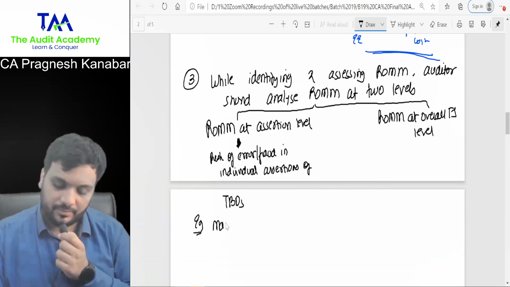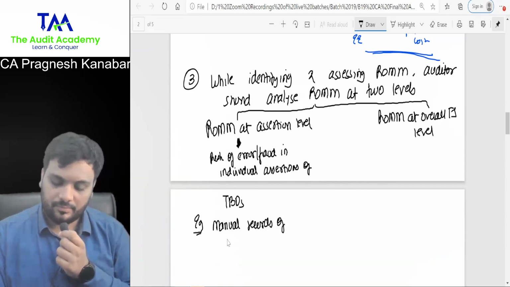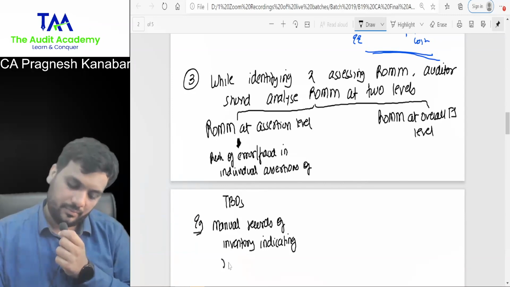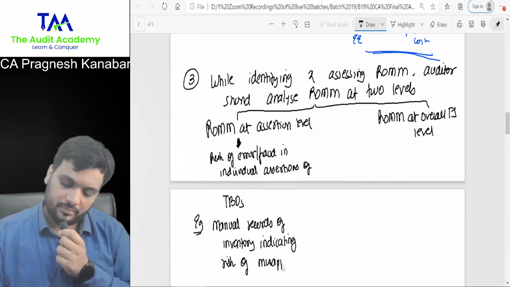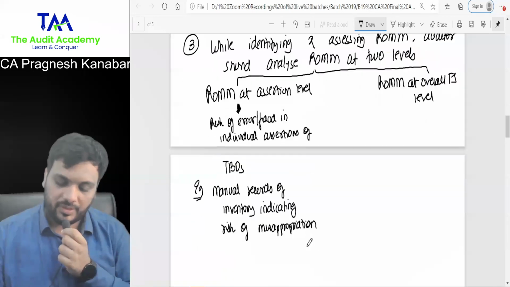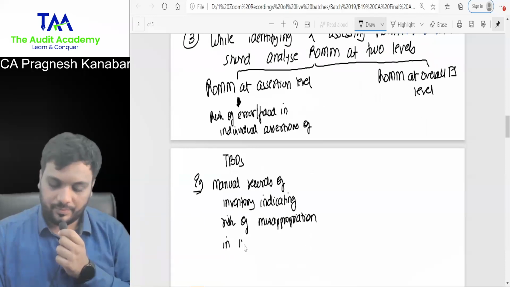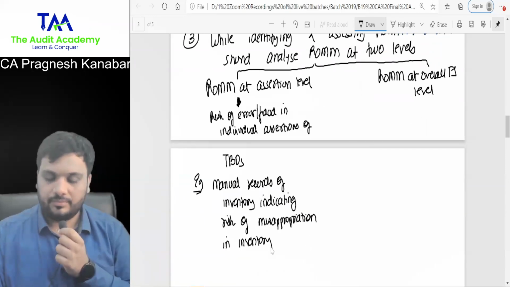Example, manual records of inventory indicating risk of misappropriation in inventory.